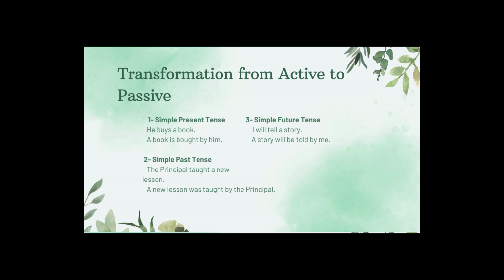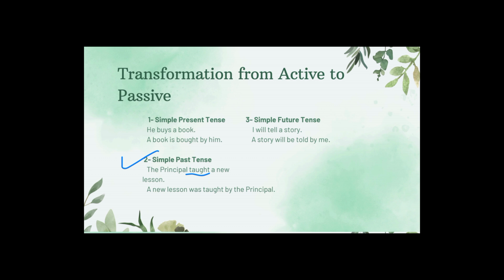Now, the next is simple past tense. As you can see here, the second form of the verb is used. Otherwise, the subject becomes object and the object becomes subject.